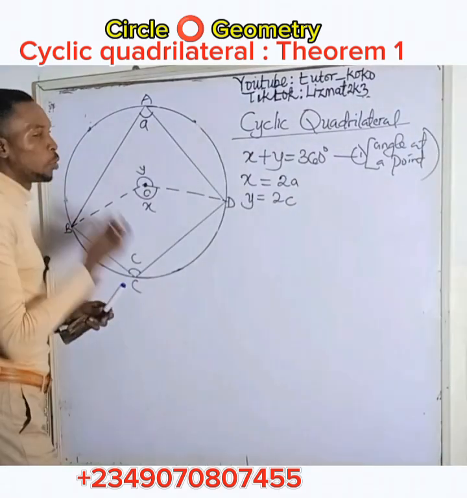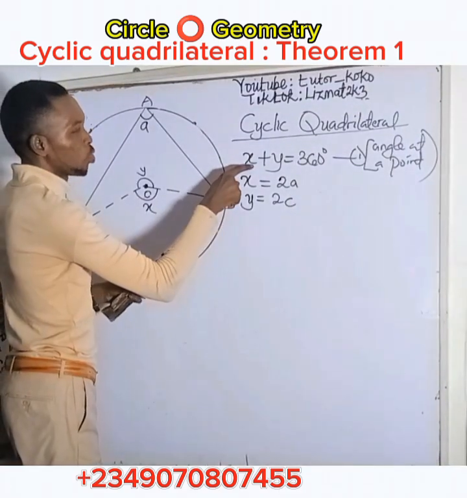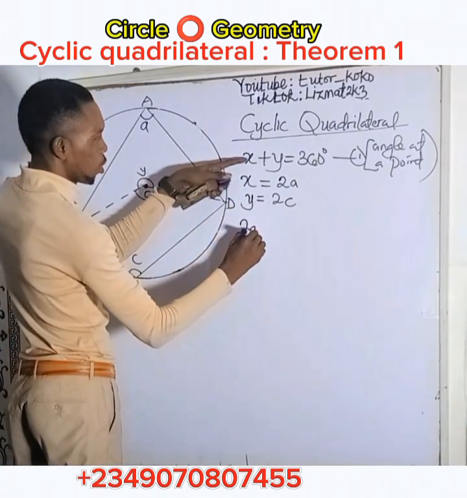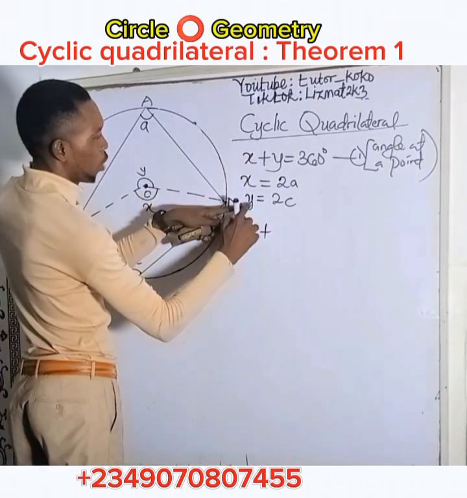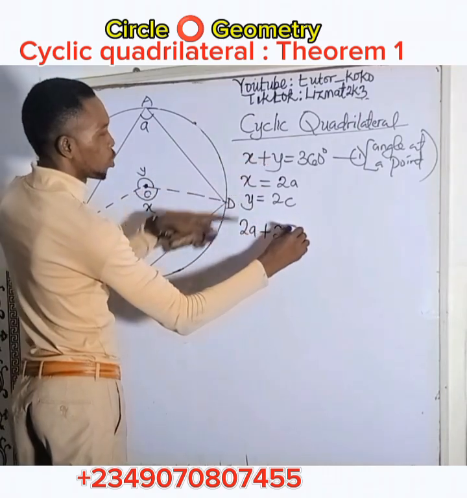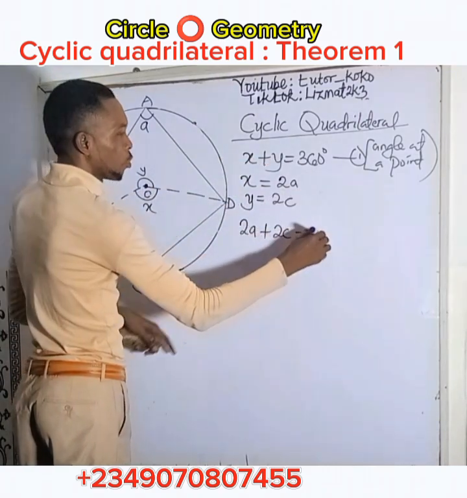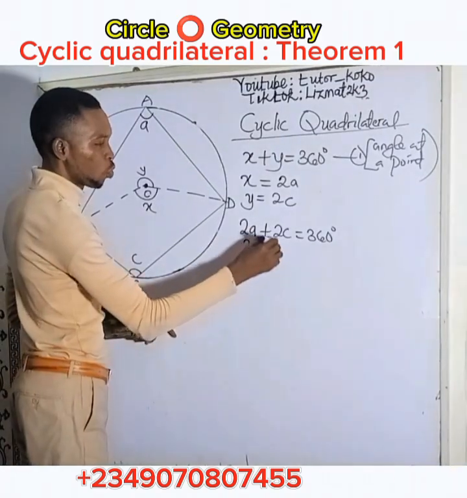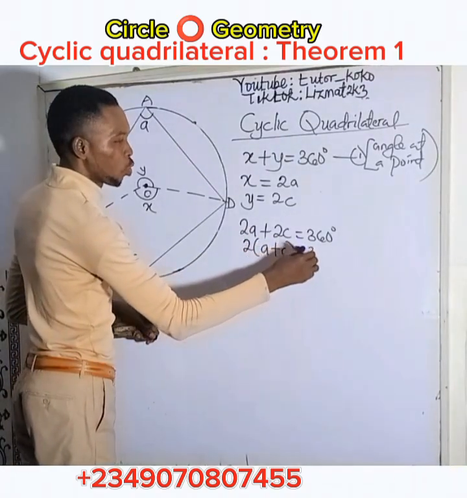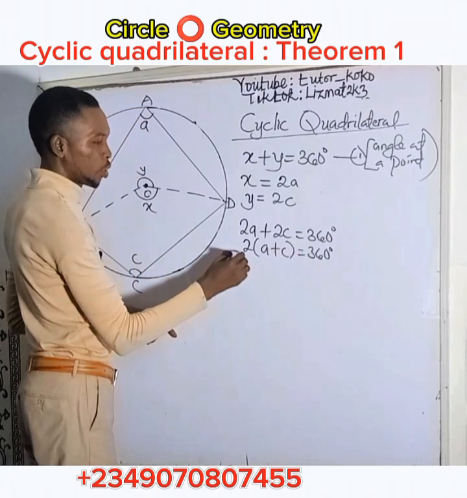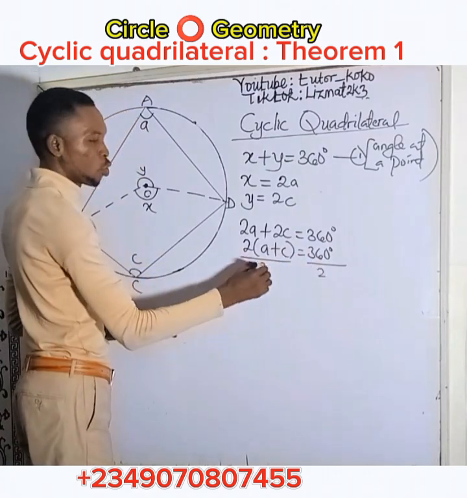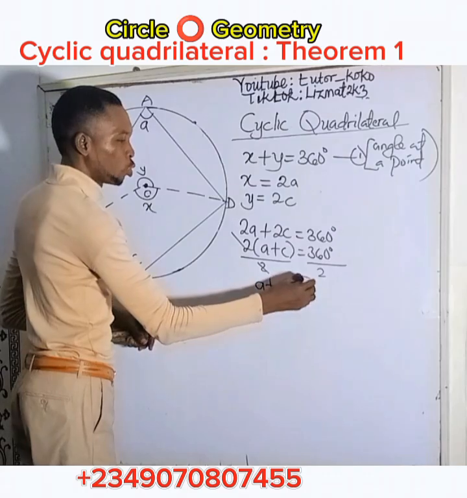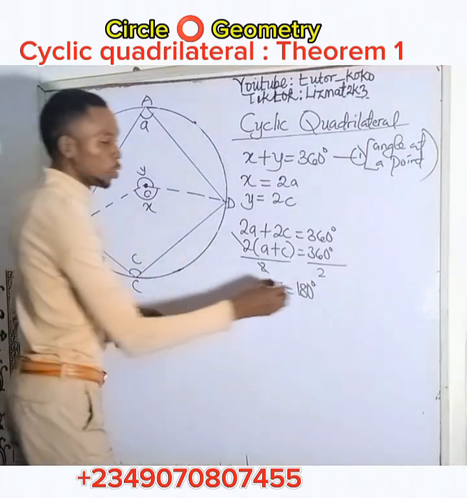Alright, so now if I come back to this place, instead of writing X, I substitute with what? 2A plus, instead of writing Y, I substitute with what? 2C. It should still give me 360 degrees. So from here I have 2 into A plus C is equal to what? 360 degrees. So I divide both sides by 2. 2 cancels out 2. A plus C is equal to 180 degrees.